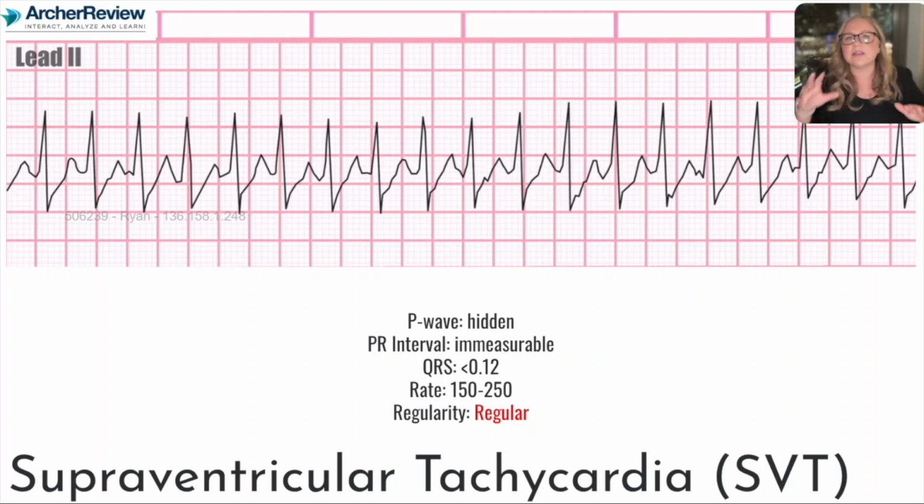It's going to slightly vary. With SVT, they get locked in. So when I look up at the monitor and my patient has gone into SVT, it says 180 and it stays right there at 180. That's another thing that clues me in as the bedside nurse. Oh, this client is in SVT. Super regular, super fast, and I can't see any P waves.